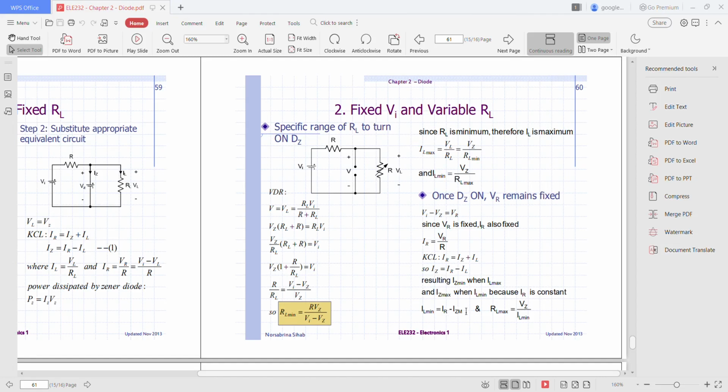Since Iz is limited to Izm as provided on the data sheet, it does affect the range of RL and therefore IL. Substituting Izm for Iz establishes the minimum IL as this equation.